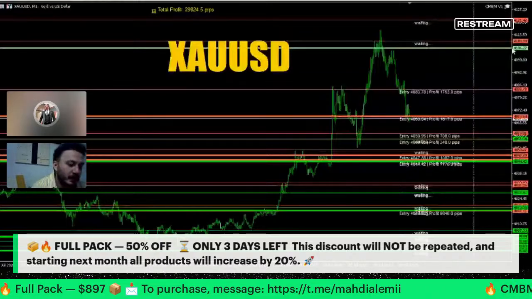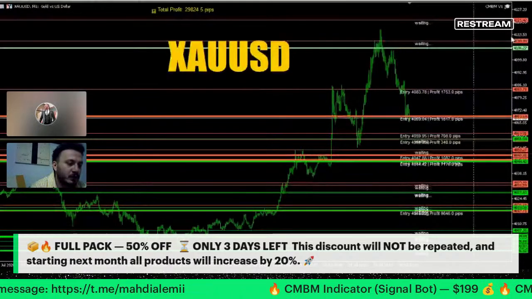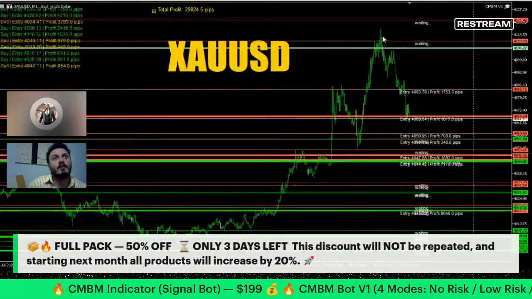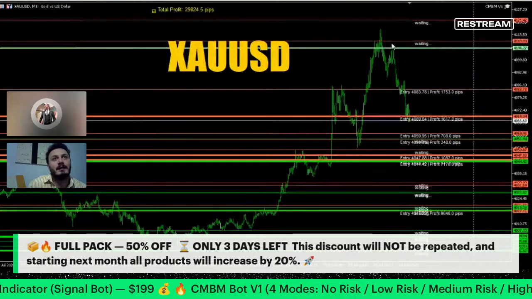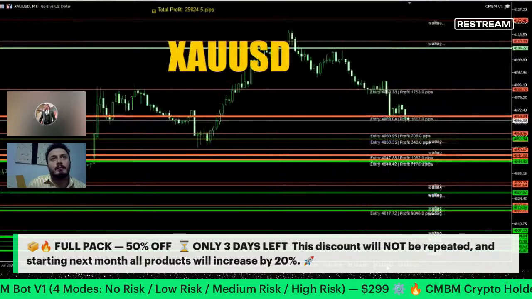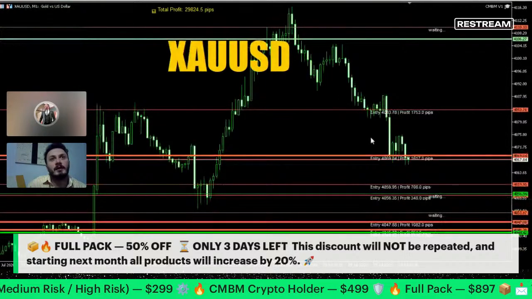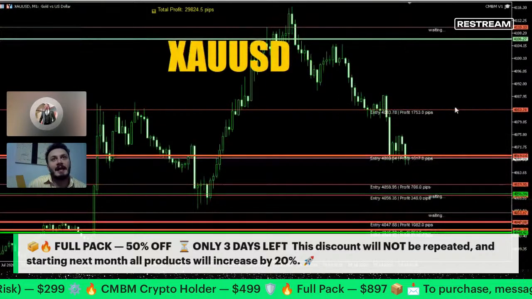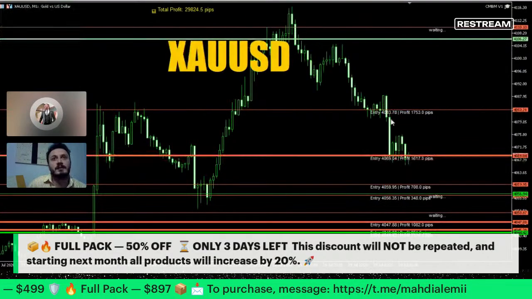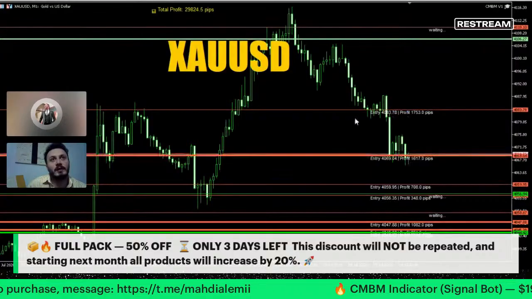Let me check. 4112, 4112 for sell, and we were going to the profit, but we got out from here. So for example, on that number 4083, when you're looking at a stream, you can enter the trade when it's going to entry and wait for the profit.